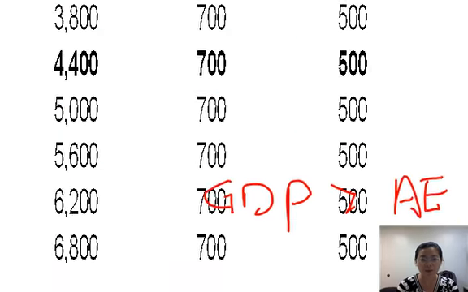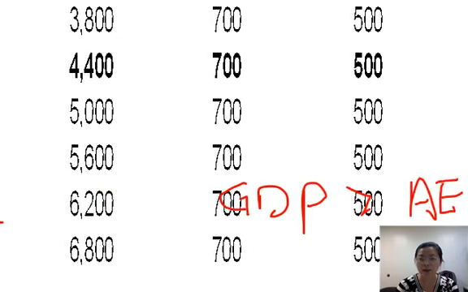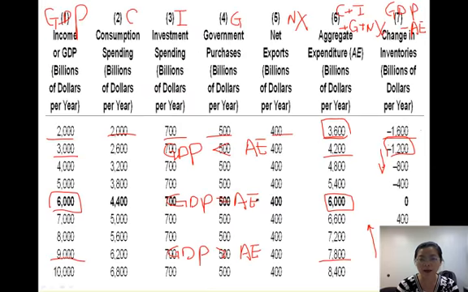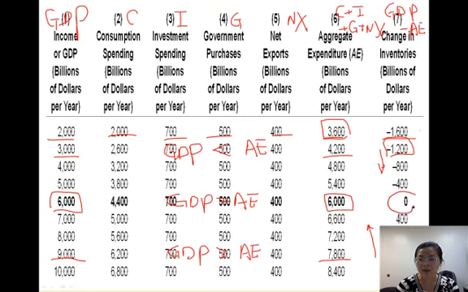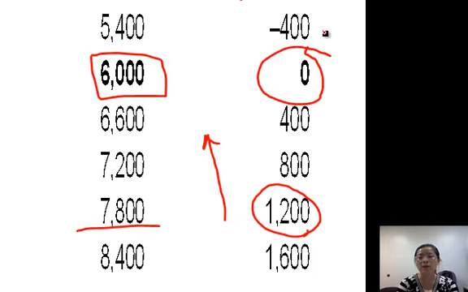So what is the equilibrium? Yes, 6,000. At this point GDP equals aggregate expenditure, and there's no change in business inventory. That's why we say change in inventory plays a very important role in determining the equilibrium GDP.